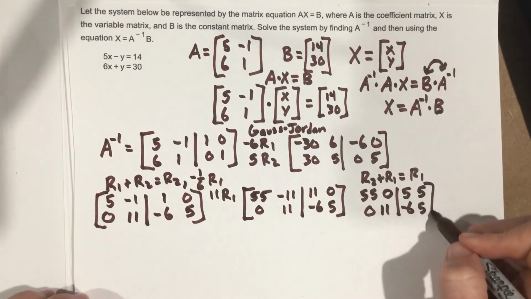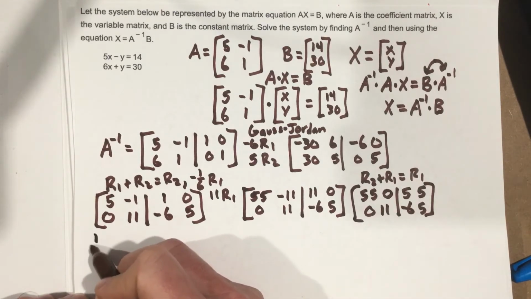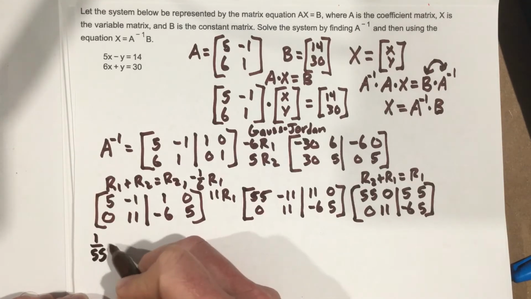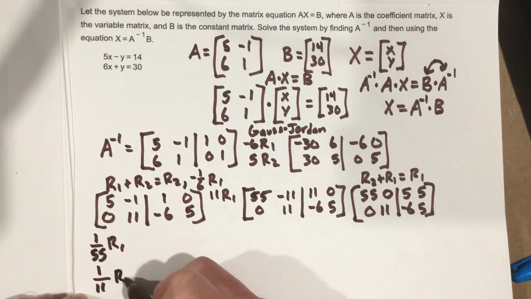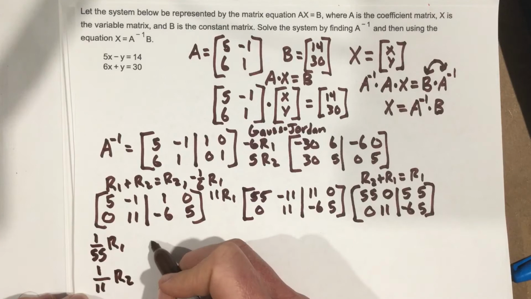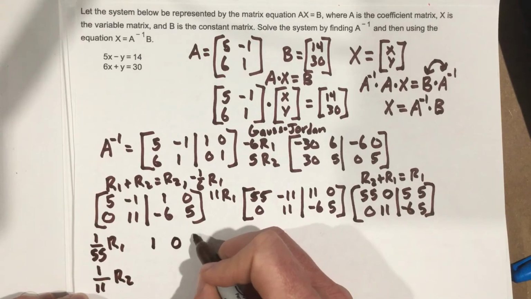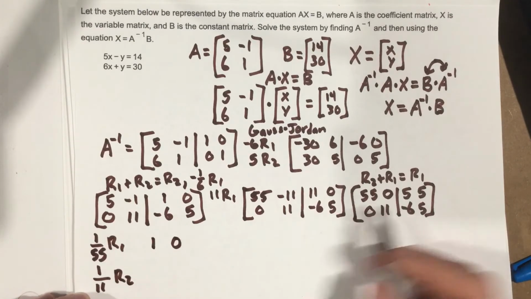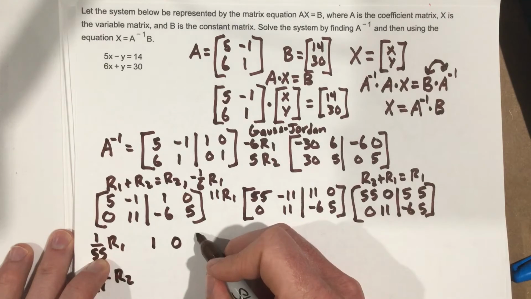So last step, I need to take 1 over 55 times row 1, and I also need to do 1 over 11 times row 2. That's going to give you 1, 0, 5 over 55, right? Because we do 1 over 55 times 5, that's 5 over 55, which reduces to 1 over 11.